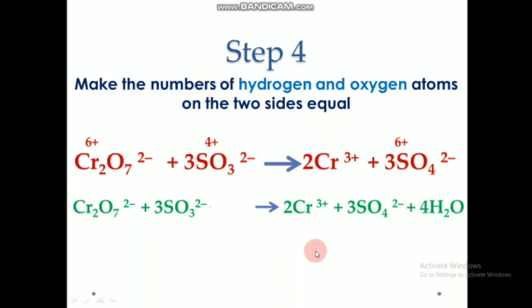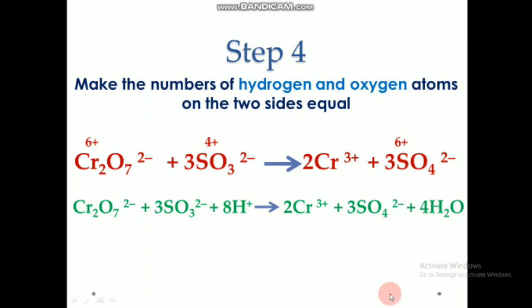As it is acidic medium, we don't have any limitation for H plus. So we are adding H plus on this side. We need 8 H plus on this side, so we are adding that. Now the number of hydrogen atoms is also equal. Here also 8 H is there, and in this place also it is 8 hydrogens. So now the equation is balanced.